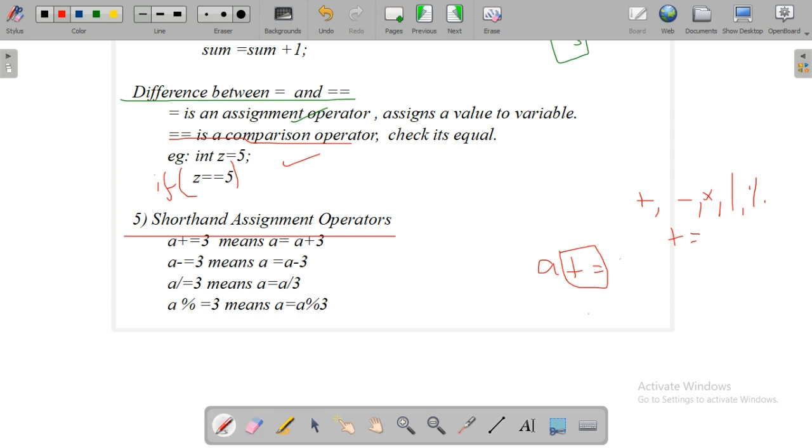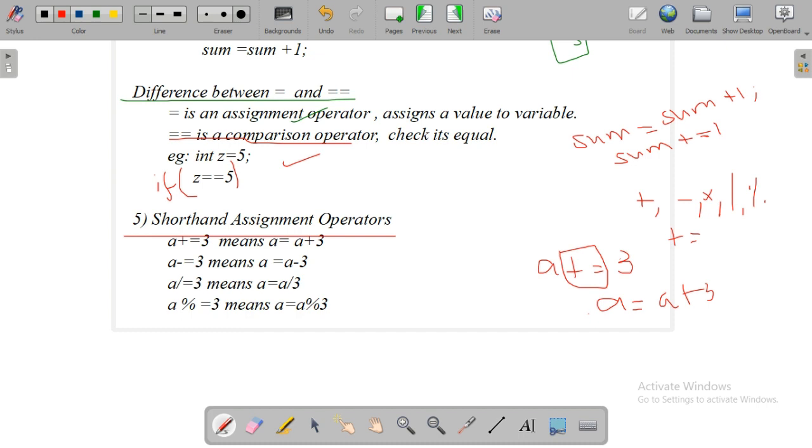For example, a plus equal to 3. Plus equal to is a shorthand assignment operator, and this is equivalent to a equal to a plus 3. Or you can write sum equal to sum plus 1.